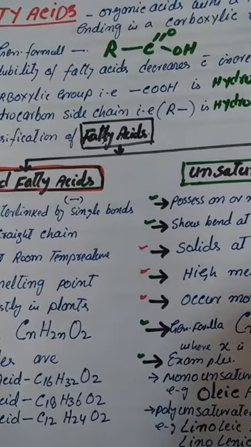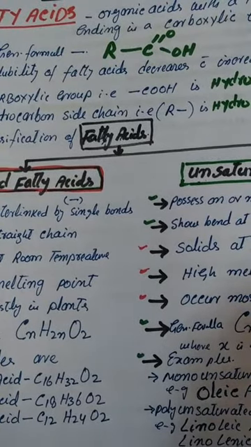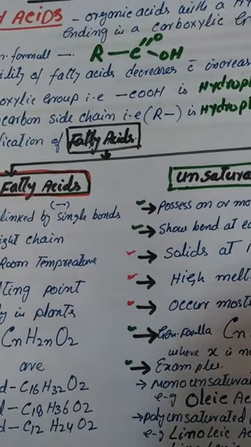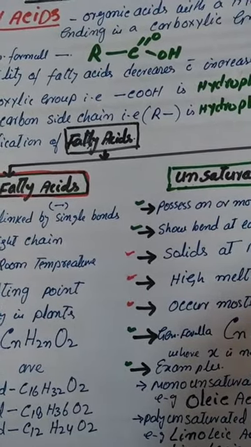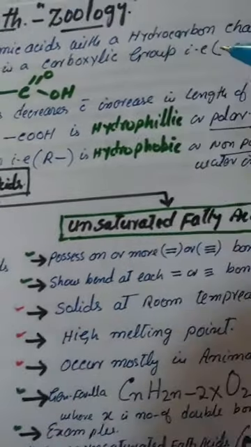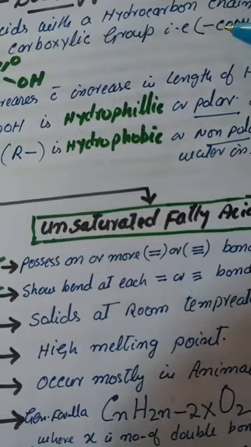So these fatty acids are actually organic acids with a hydrocarbon chain ending in a carboxylic group, that is COOH.